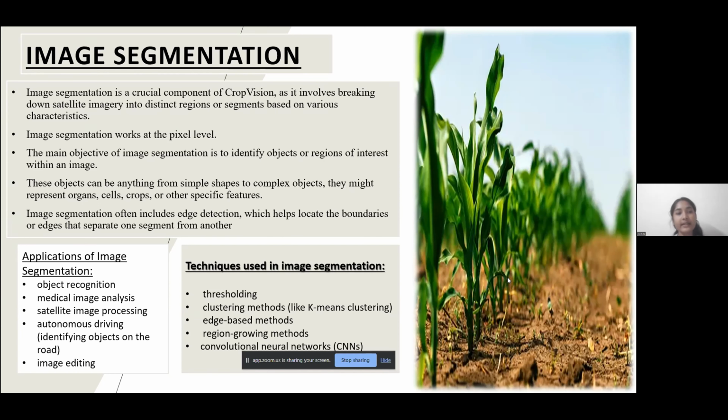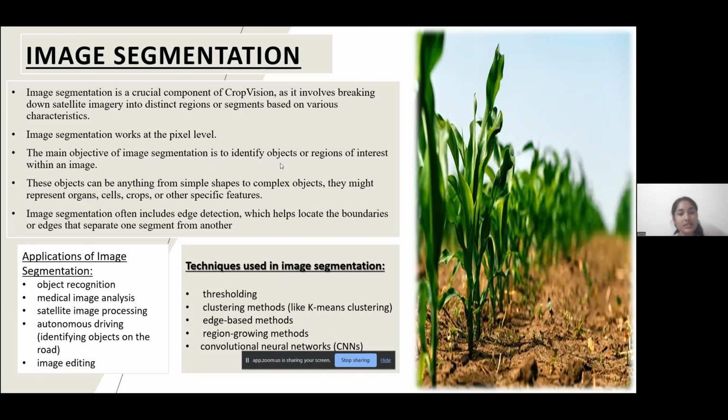Image segmentation, as we learned previously, is a crucial component of Crop Vision as it involves breaking down satellite imagery into distinct regions or segments based on various characteristics. It works at pixel level, and its main objective is to identify objects or regions of interest within an image. These objects can be anything from simple shapes to complex objects. They might represent an organ, cell, crop, or specific feature.